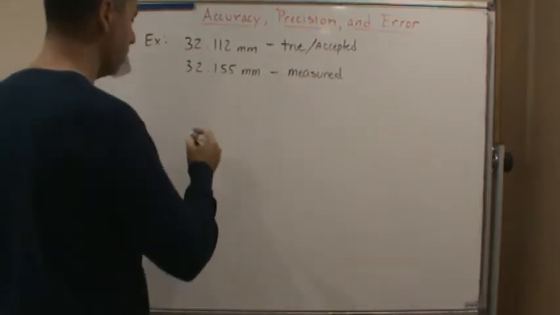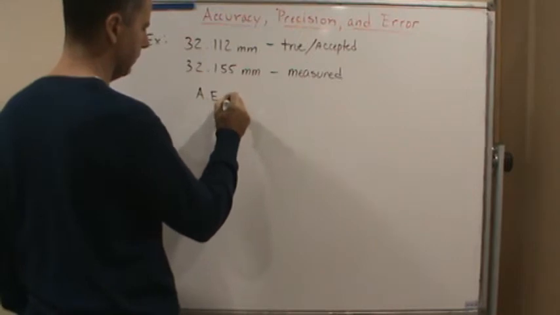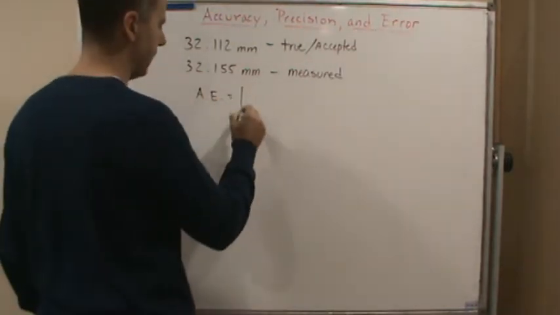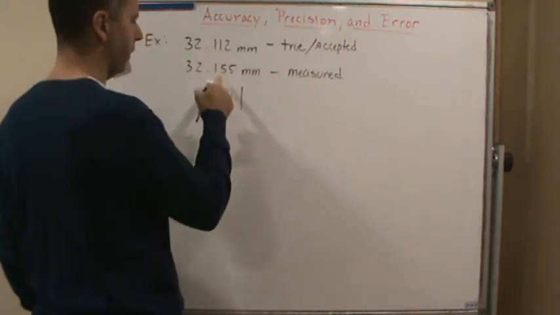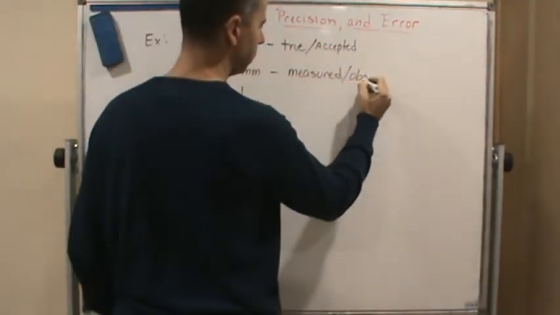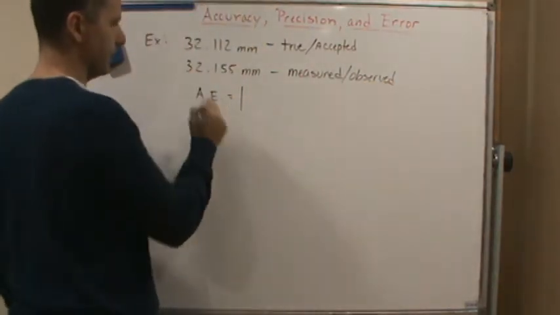So again, absolute error is just the absolute difference between the two measures. So we take the absolute value of the measured value, or the observed value, minus the true value.